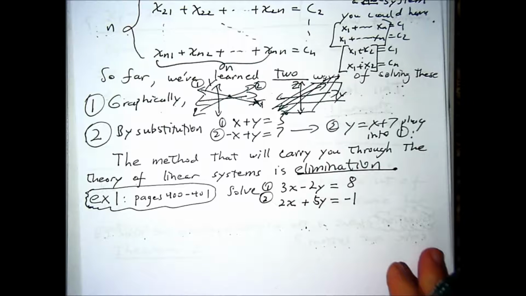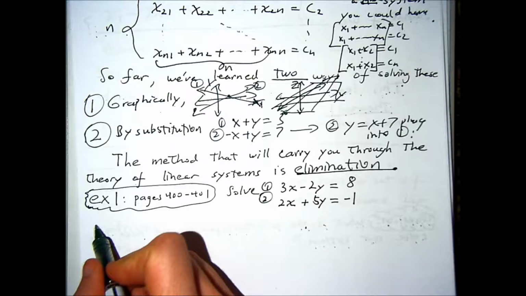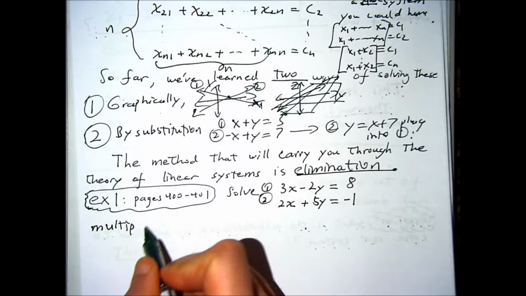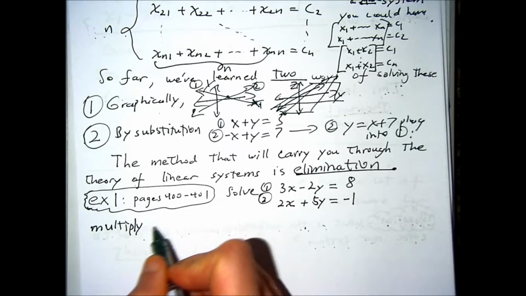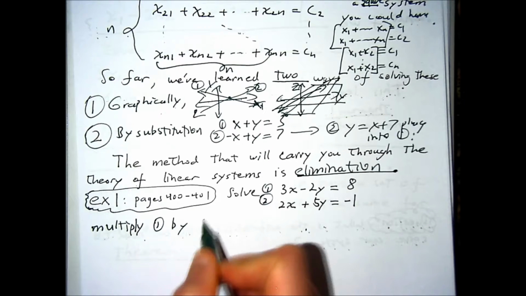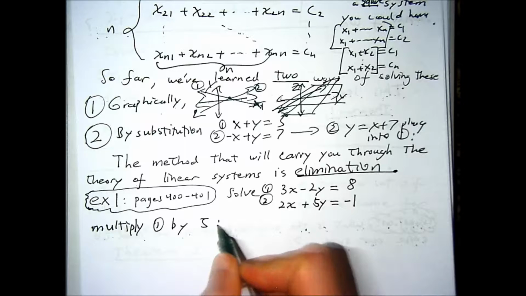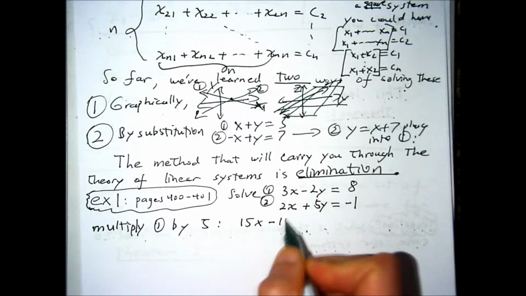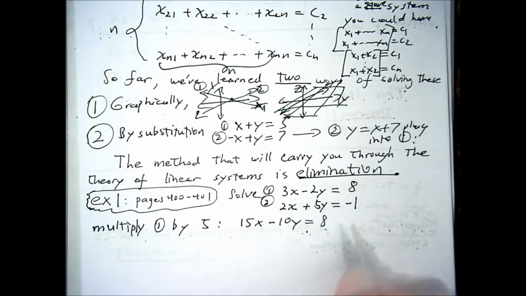So if we multiply equation 1 by 5, we get 15x minus 10y equals 8.